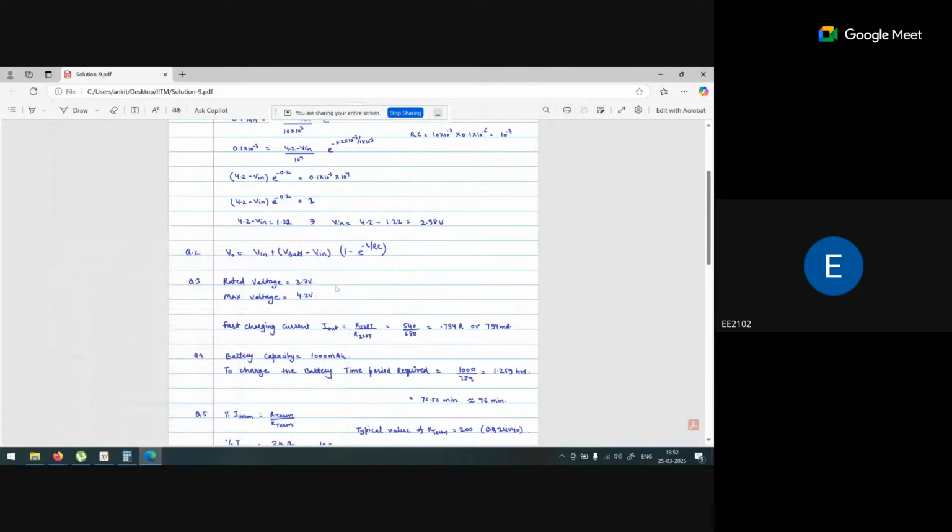The answer for the first question is 2.98, and the answer for the second question is this equation.